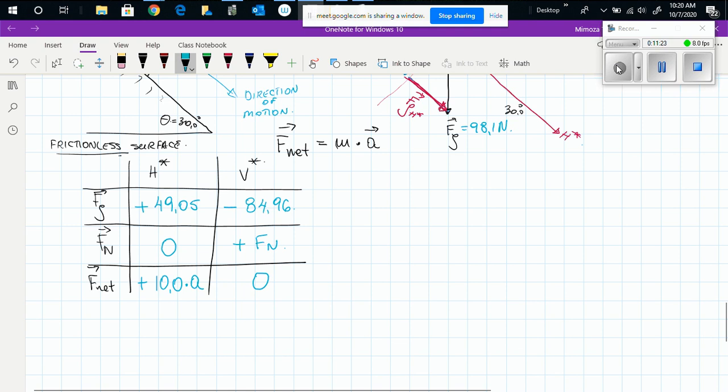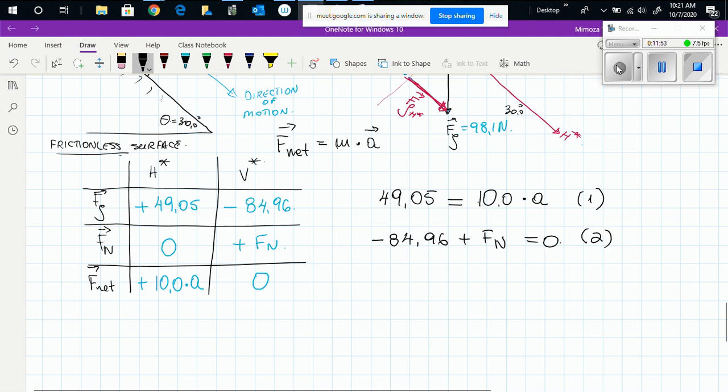So what we have here are two equations. 49.05 plus 0 is equal to 10 times acceleration, and this is the equation coming from the new horizontal axis, and negative 84.96 plus force normal is equal to 0.